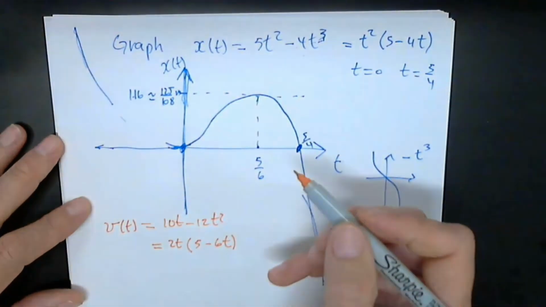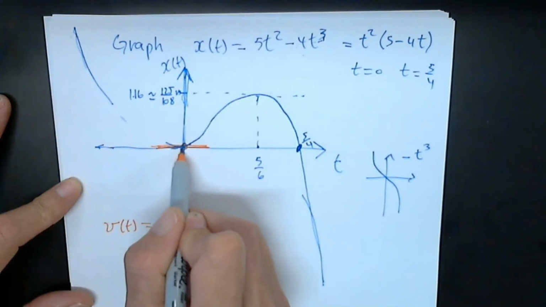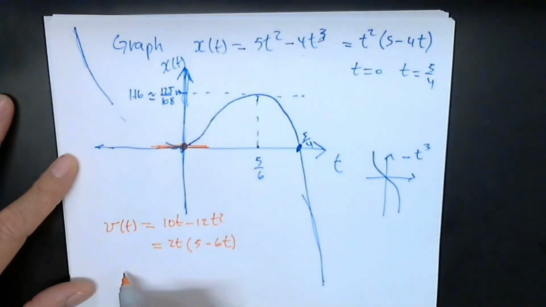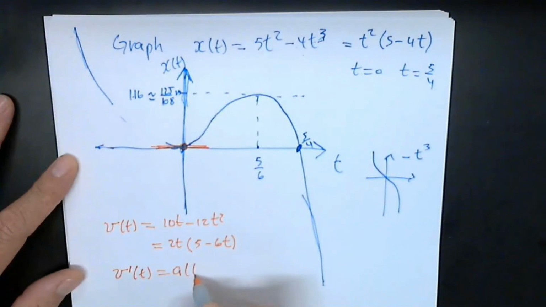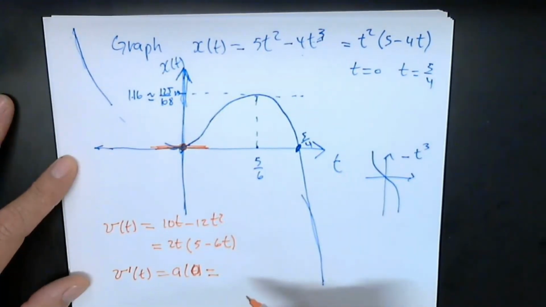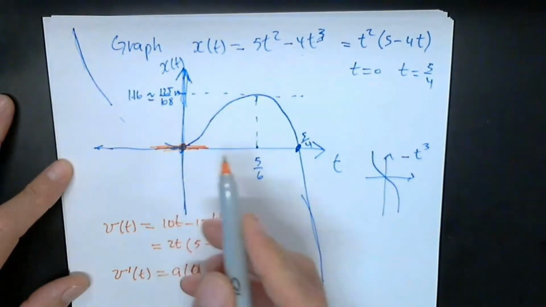You know that the velocity at 0 is 0, so the slope over here is 0. And I told you it's a minimum, because the derivative of the velocity, which is the acceleration, at 0 is 10. So this is a minimum.